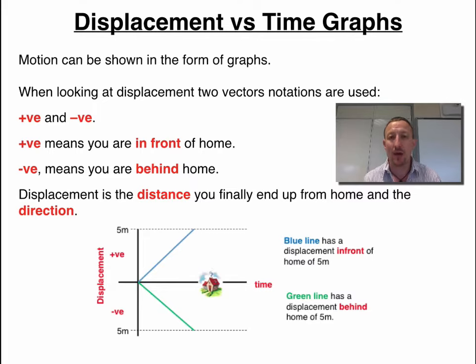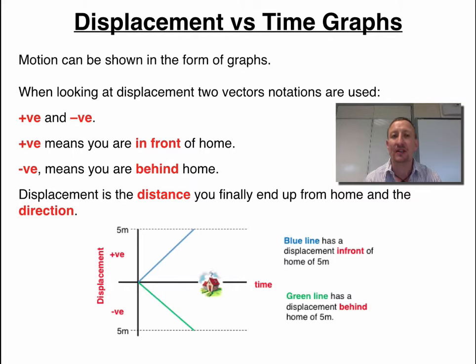If it's below the line, then we say we're behind home. So using positive and negative notation allows us to understand how far in front or behind home we happen to be. So to recap, if we've got a positive value, then we're in front of home, and if we've got a negative value, we're behind home.